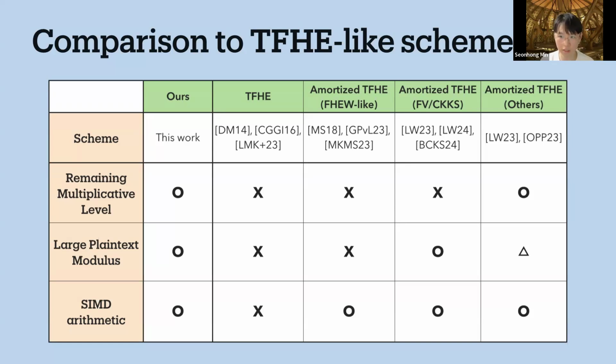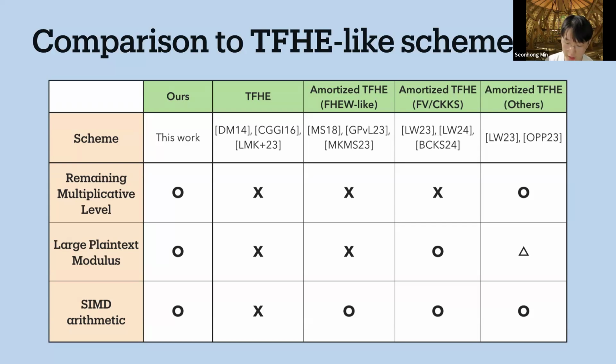And in amortized TFHE using FV and SKKS, which is a recent line of work, they achieve the large plaintext modulus, but still it does not have a remaining multiplicative level. And then there was some other line of work which computed the TFHE style, more like AP style blind rotation.